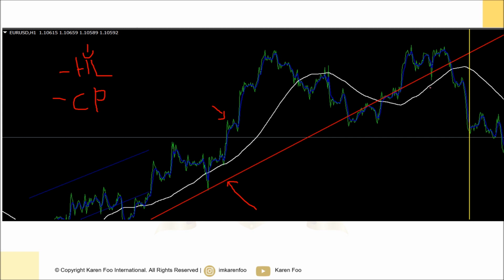The good thing about using a line chart is that you won't get distracted by the temporary fluctuations of the candlesticks.